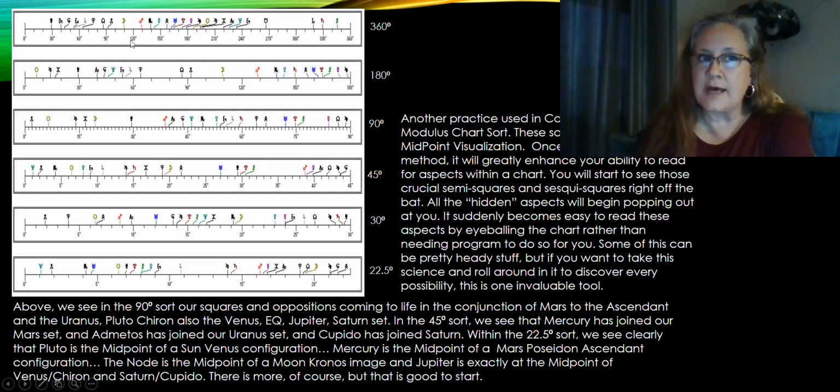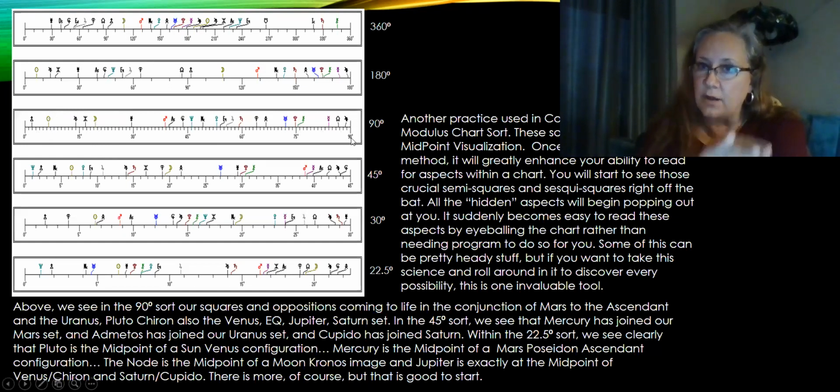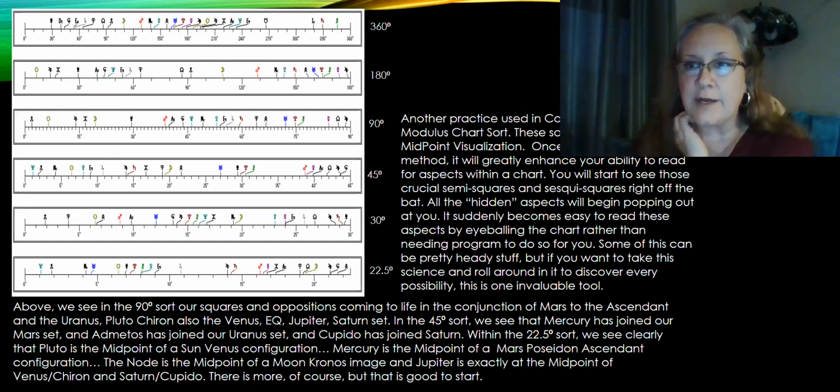My moon is at 18, 19 Cancer. So here it is right here. On the 90-degree sort, it's in the 18th degree, because there's only 90 degrees, and that would be 0 Cancer, wouldn't it? 90 degrees, that's how that works through a 360-degree dial.